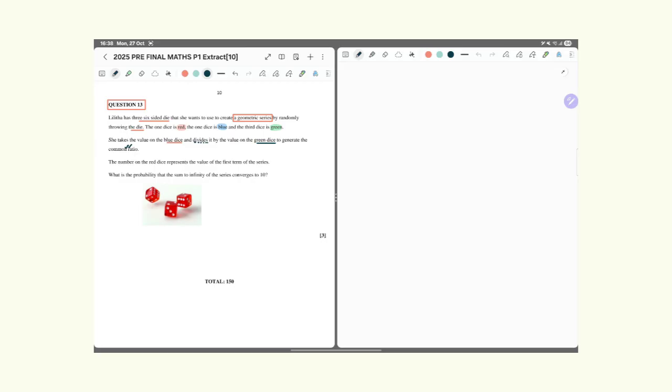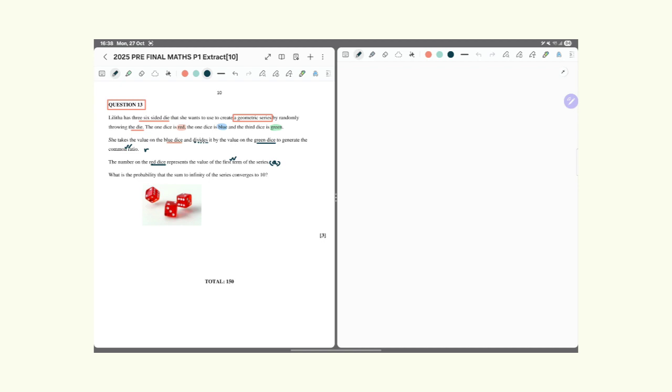It is the value that we get on the blue dice, divided by the value of the green dice. And then we are told further that the number on the red dice will represent the first term of the series. This is A. This one is talking about R.